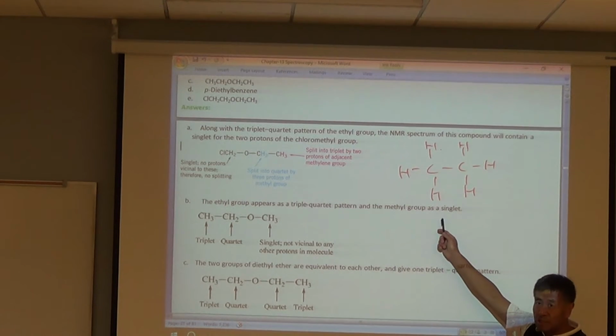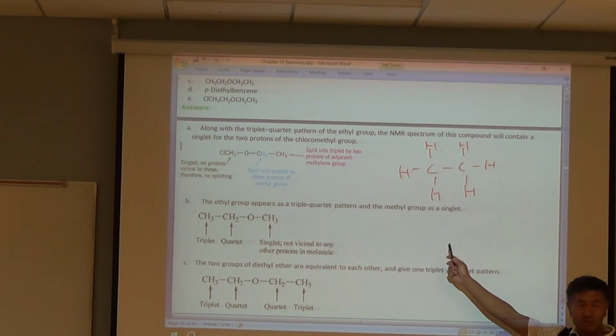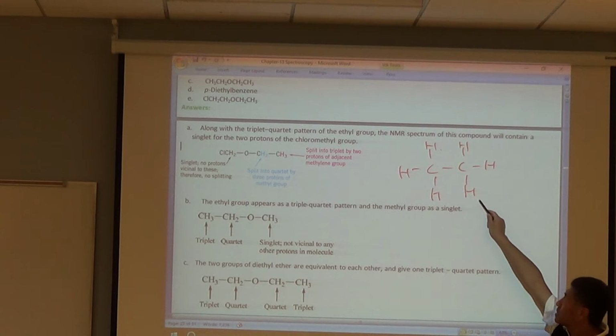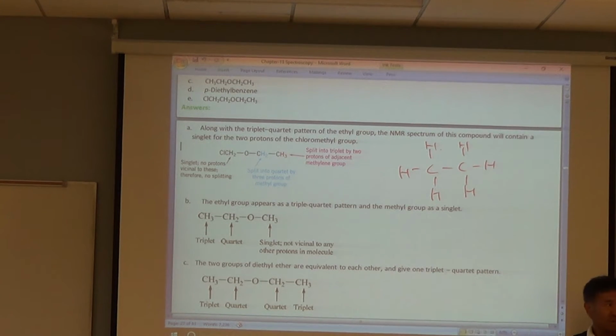You can change this CH3CH3 into an ethyl group by replacing one of those H with some other group. If you replace this H by Cl, then you will have the typical ethyl splitting pattern, triplet and quartet.